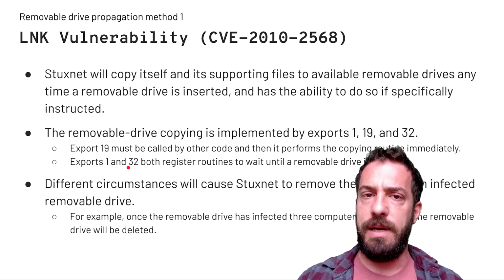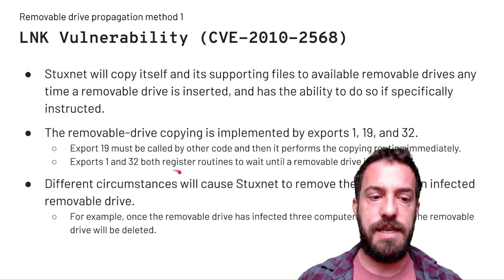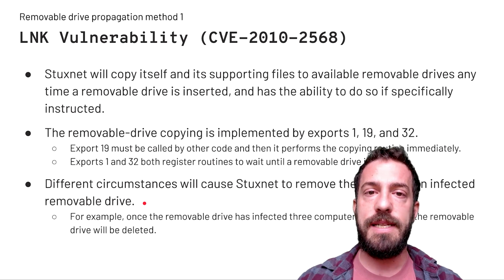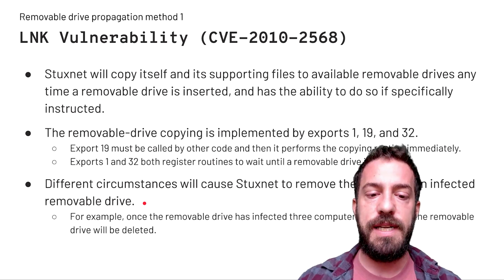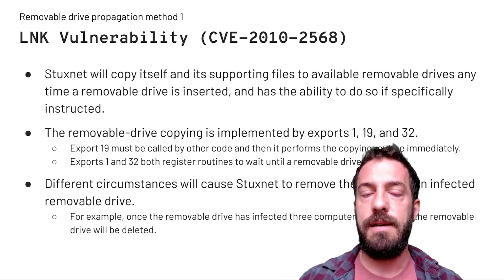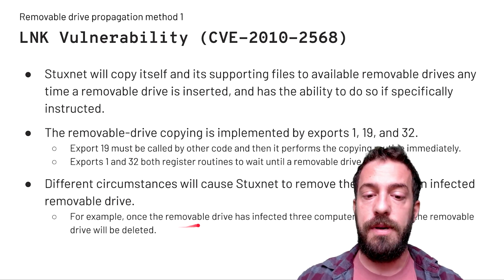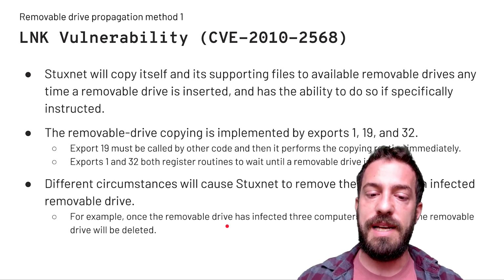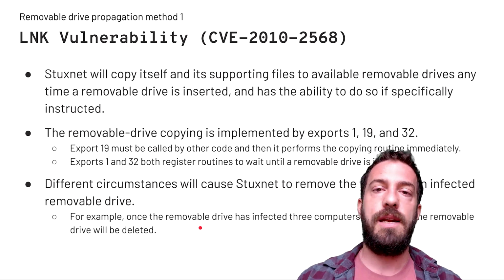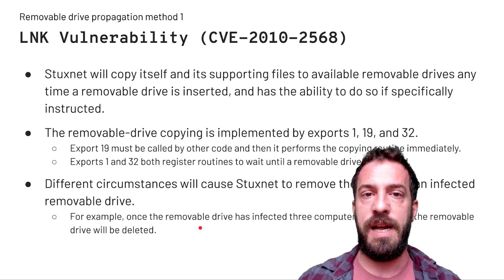And they all implement, we'll see what they do, different things. And we discussed in previous videos, Stuxnet had rate limiting options where, for example, if the removable drive has infected 3 computers, then it will just delete itself to make sure it doesn't spread uncontrollably.